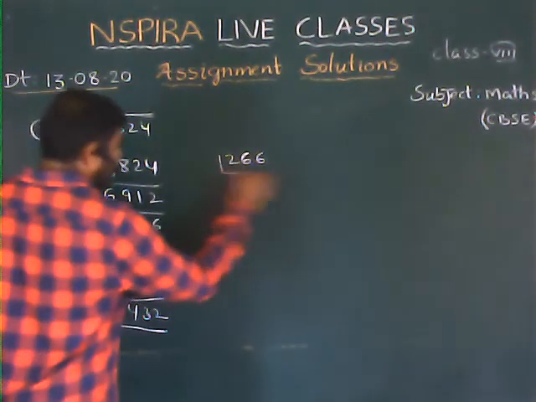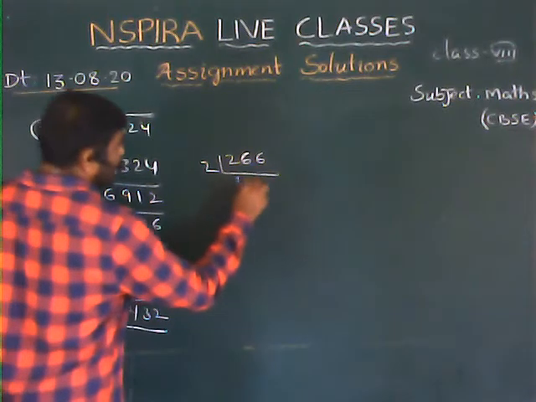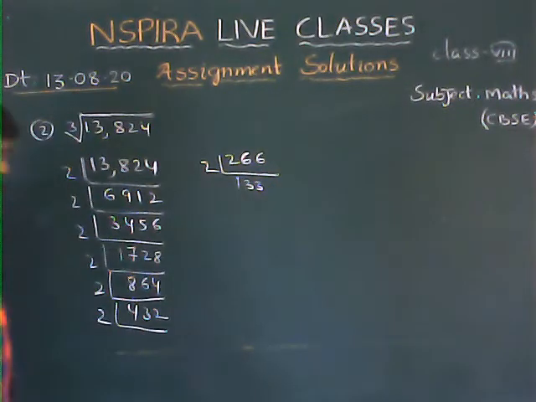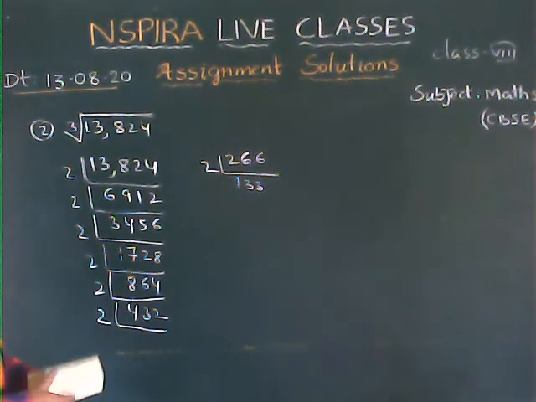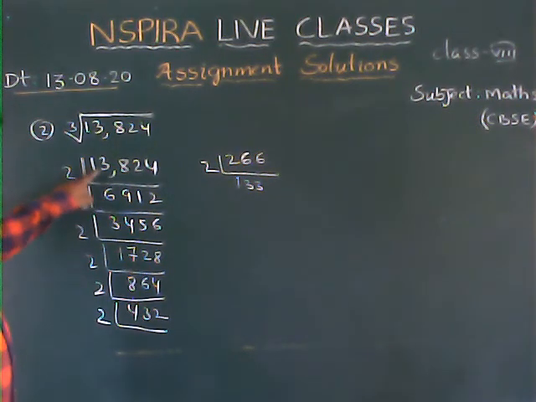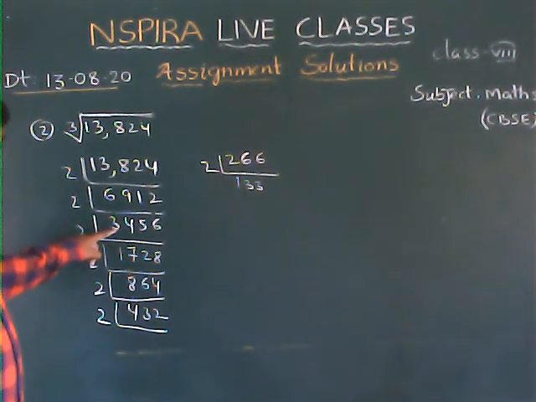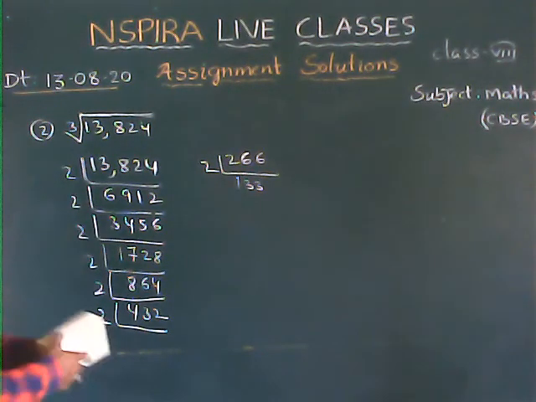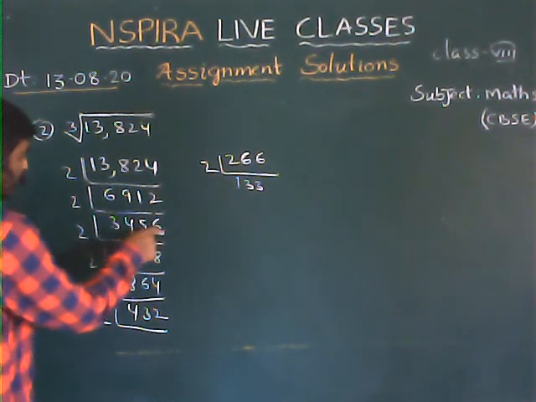Again this one can divide with 2. 2 6s are 12, 2 9s are 18, 2 1s are 2, 2 2s are 4, 2 3s are 6, 2 4s are 8, 2 5s are 10, 2 6s are 12.